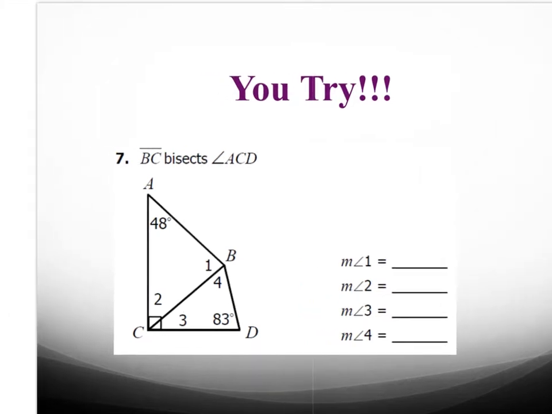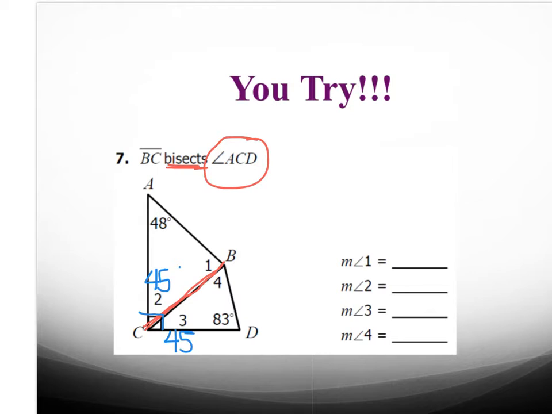So here you see the word bisect. So bisect, by, to, sections. So segment BC, which is here, is splitting this angle into two sections, two congruent sections. I can see now that there's a box here, which means 90. And so if we split 90 into two congruent parts, we get 45.